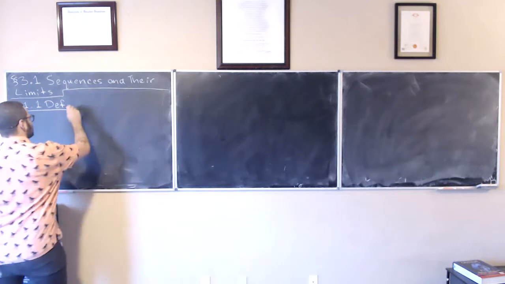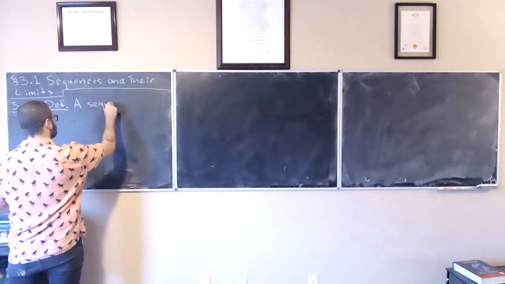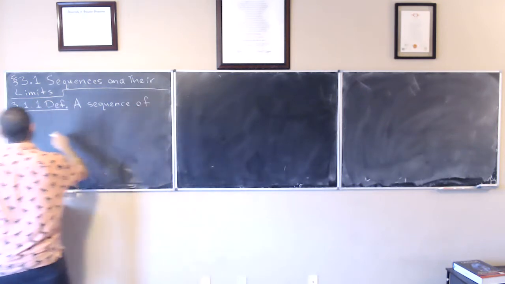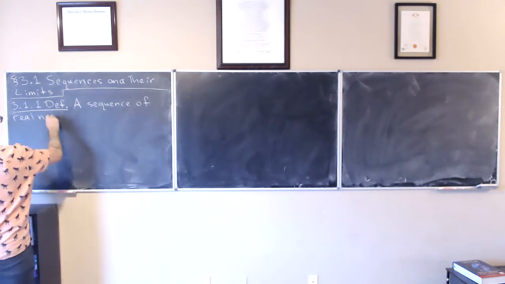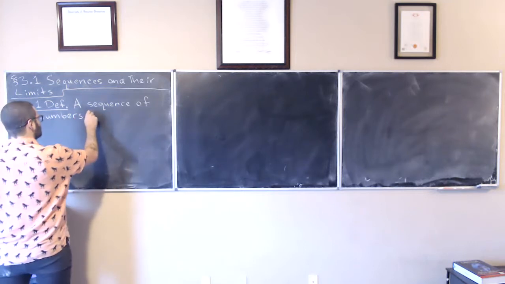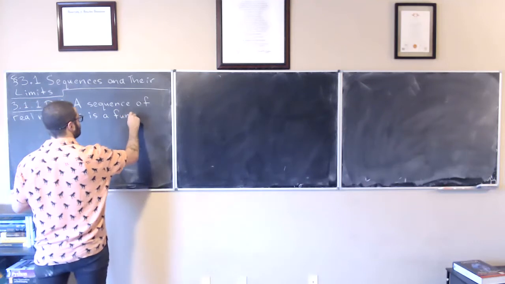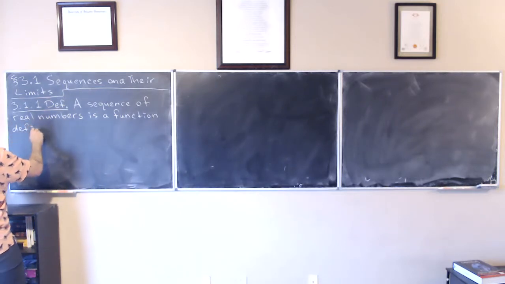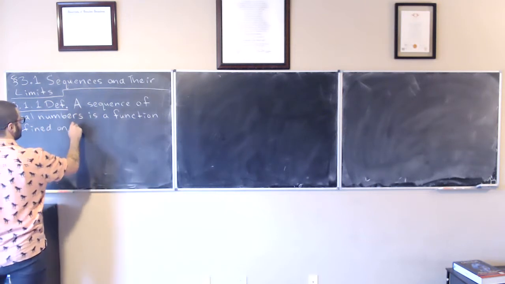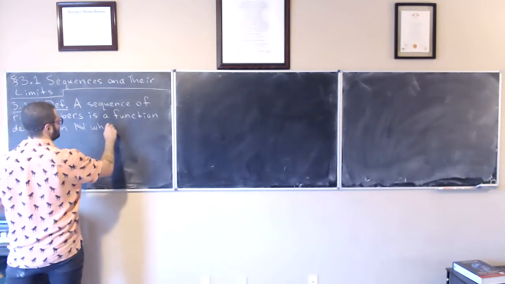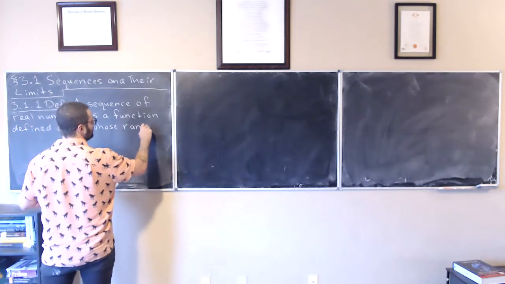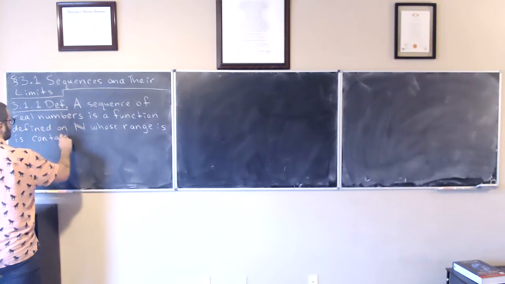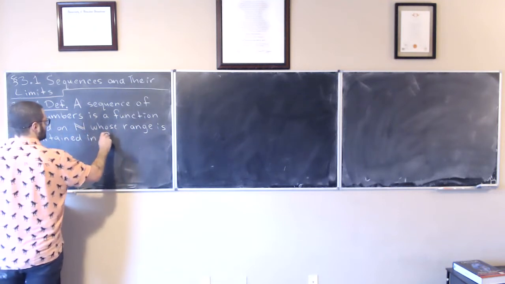Okay, so what is a sequence? A sequence, say a sequence of real numbers, is a function defined on the set of natural numbers whose range is contained in R. So that's all a sequence is.